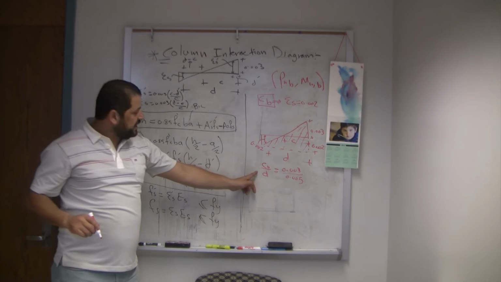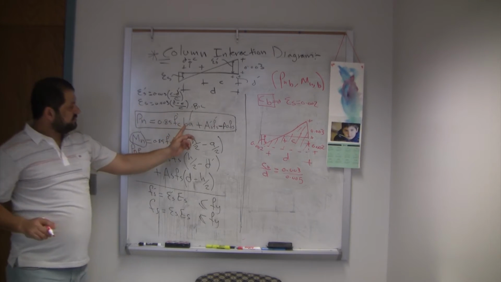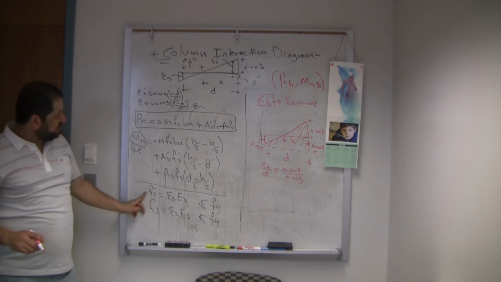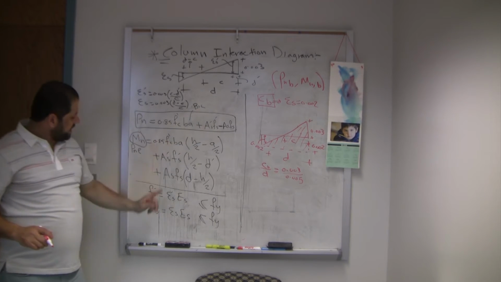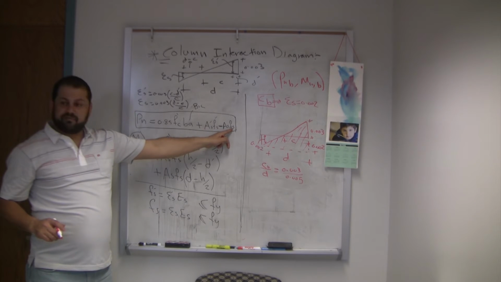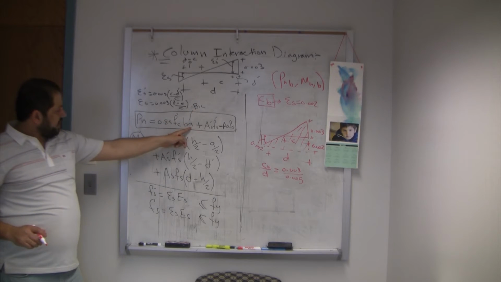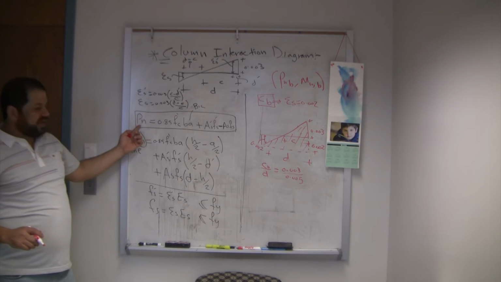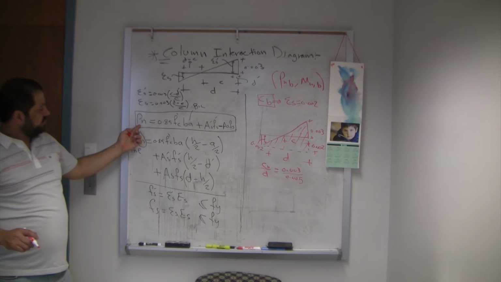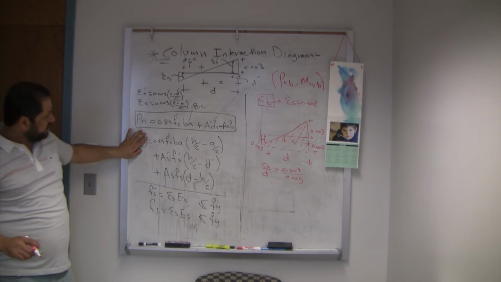So if I know C balanced, I can plug it into this equation. I can calculate Fs dash. I can calculate Fs, which will be Fy. And I can calculate this one, so I can calculate Pn, and then I can calculate Mn.